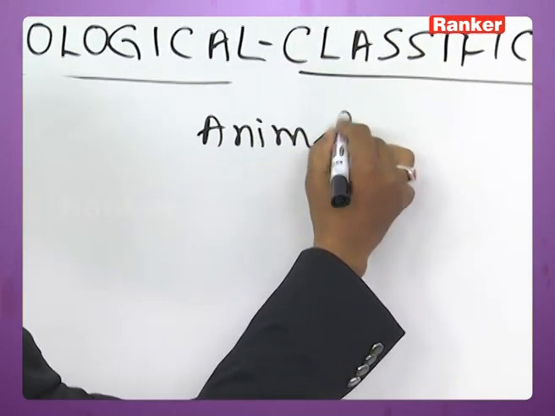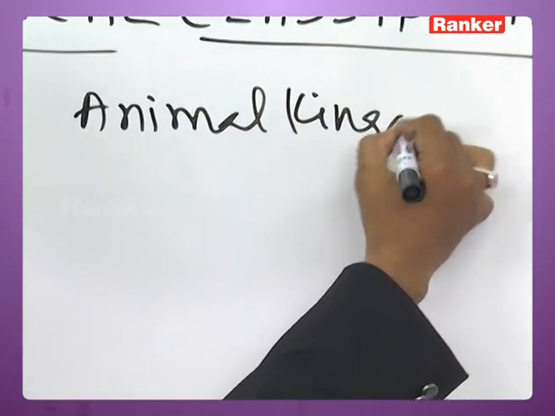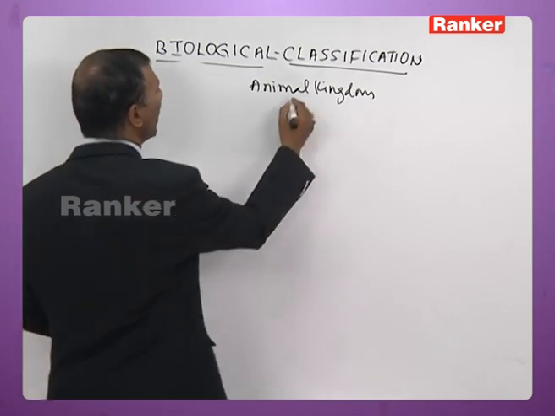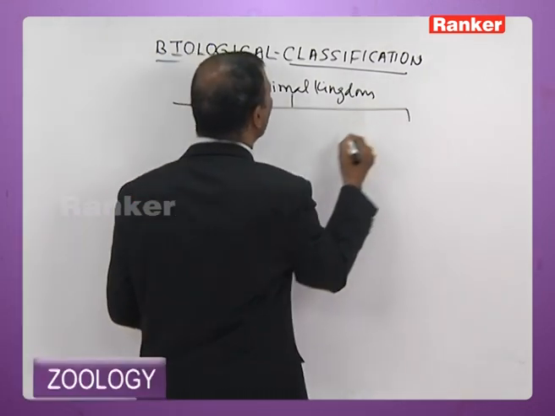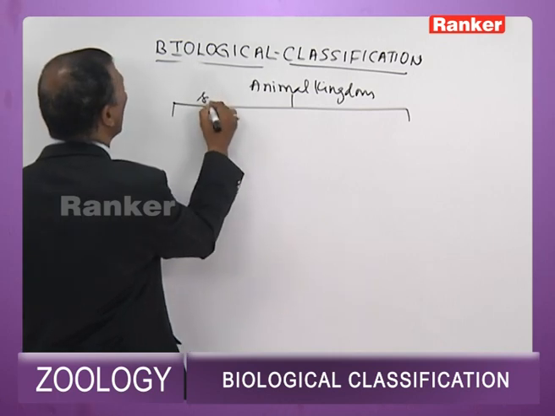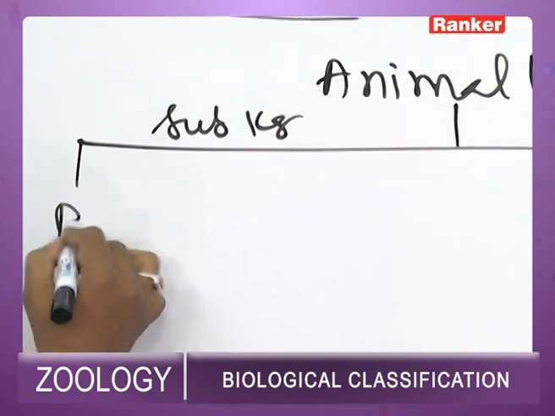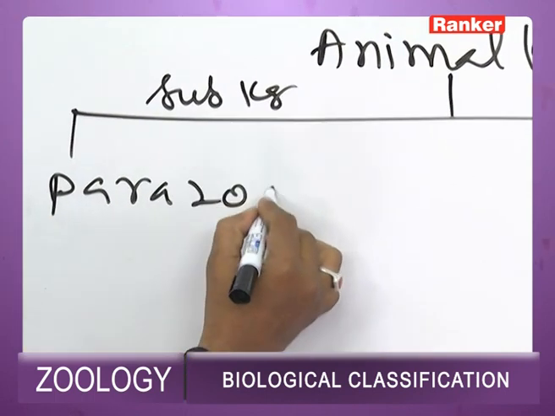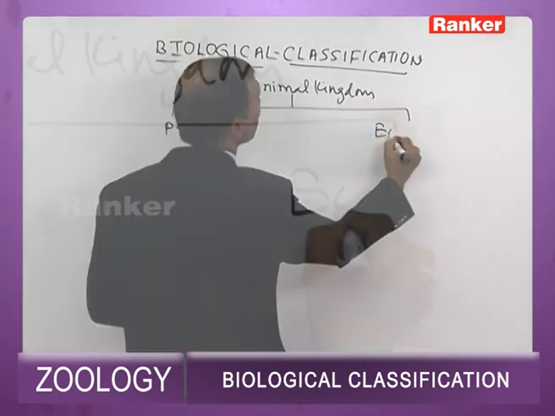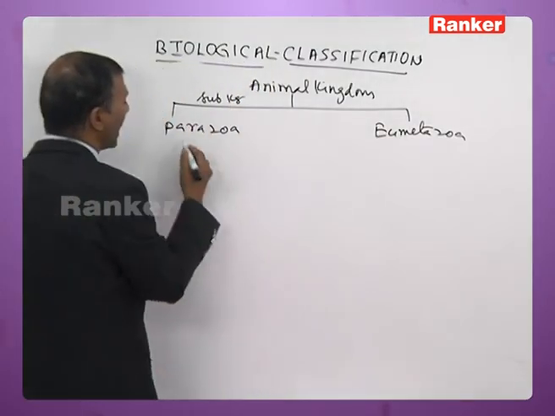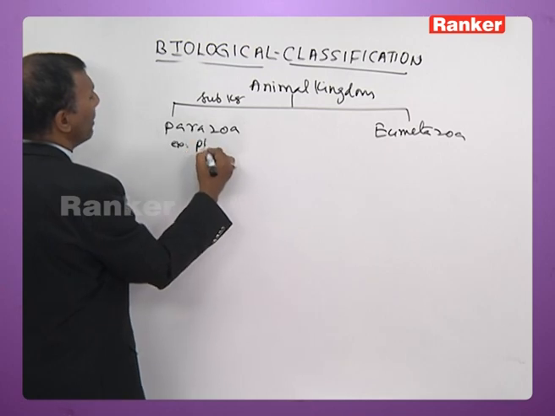Now, animal kingdom is divided into 2 subkingdoms. You have parazoa and eumetazoa. Under parazoa you have example phylum Porifera.